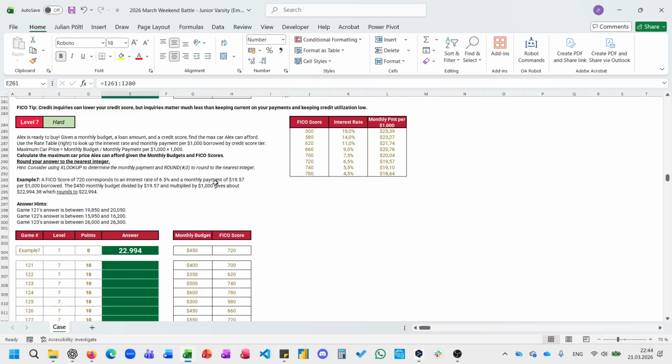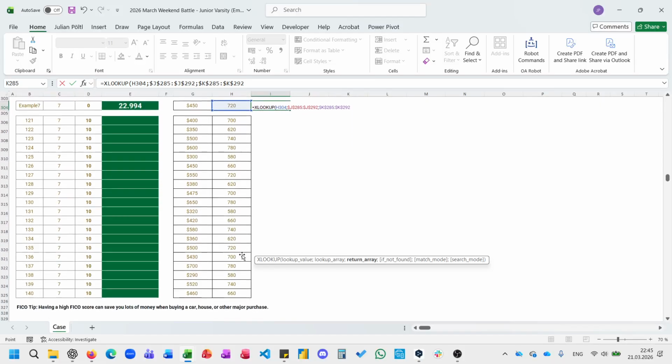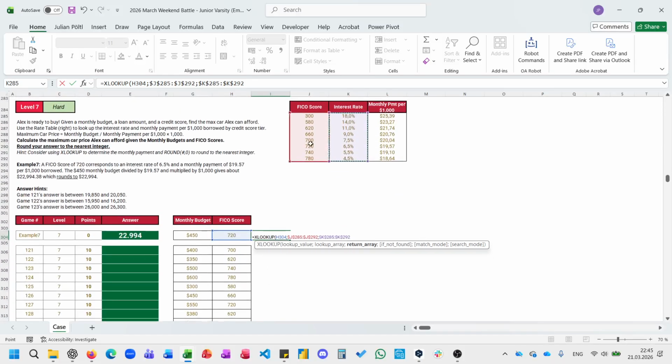How is it? Is it until this or? I have no idea. Okay, they made it easy, but those FICO scores are all in this table.